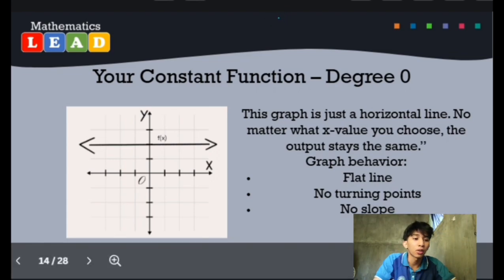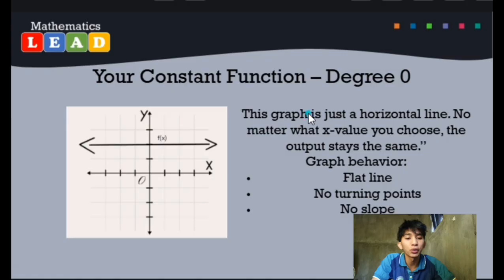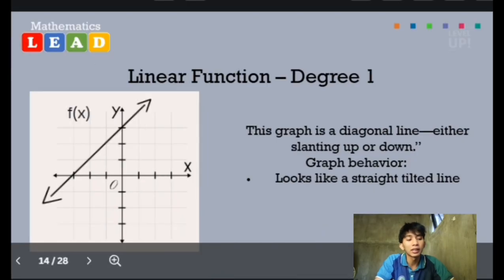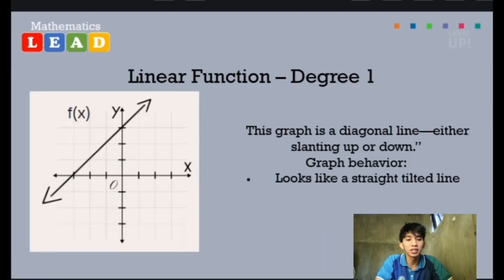Now say hello to the quadratic, degree number 2. This one forms a parabola, a curved U shape. This graph behavior has a turning point, a maximum or minimum, is symmetrical, and opens upward or downward. Now, the cubic function, degree 3, starts getting interesting, right?